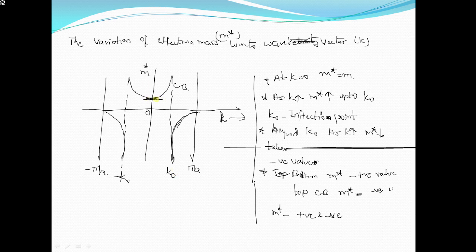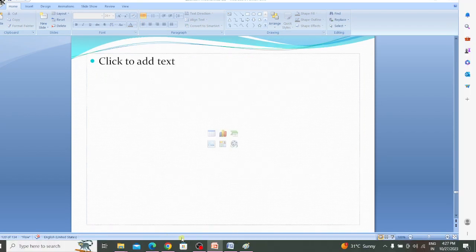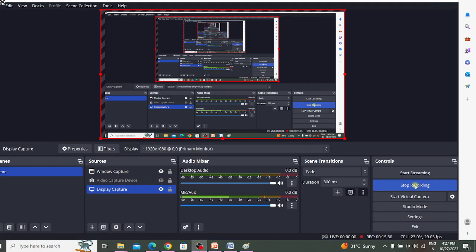At the bottom of the conduction band, effective mass is positive, and at the top it is negative. So effective mass can take both positive and negative values. Okay, so this is about effective mass. Thank you.